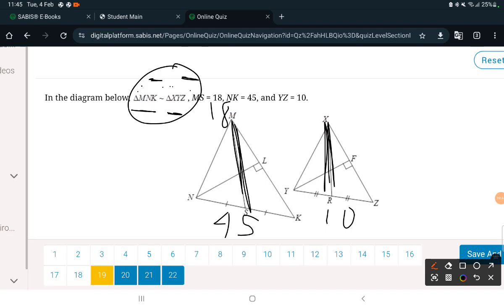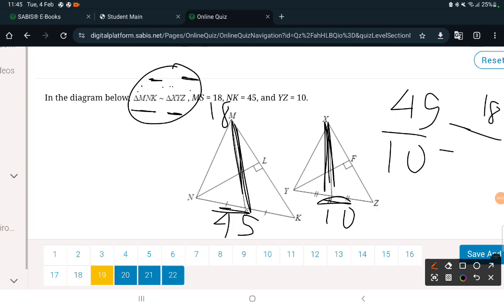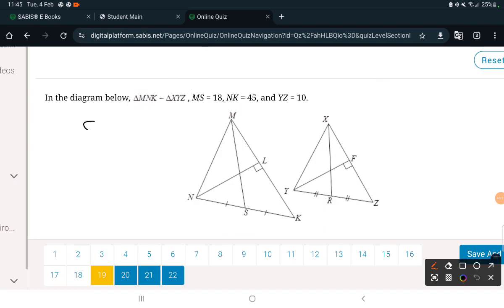They want to find the value of XR. So we have 45, which is similar to the other base. So 45 over 10 is equal to 18 over XR, or just also known as x. Simplify, divide by 5 top and bottom, you will get 9 over 2 equals 18 over x.